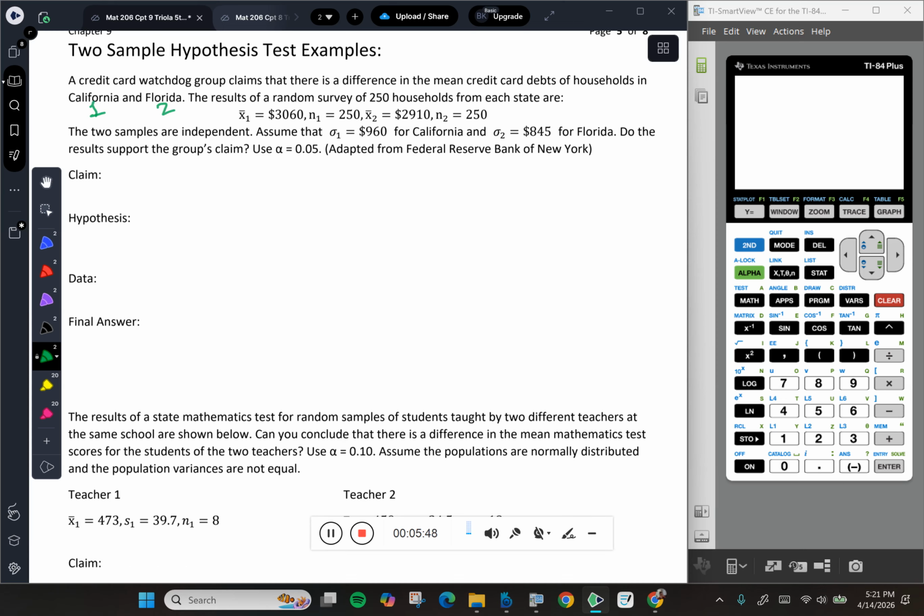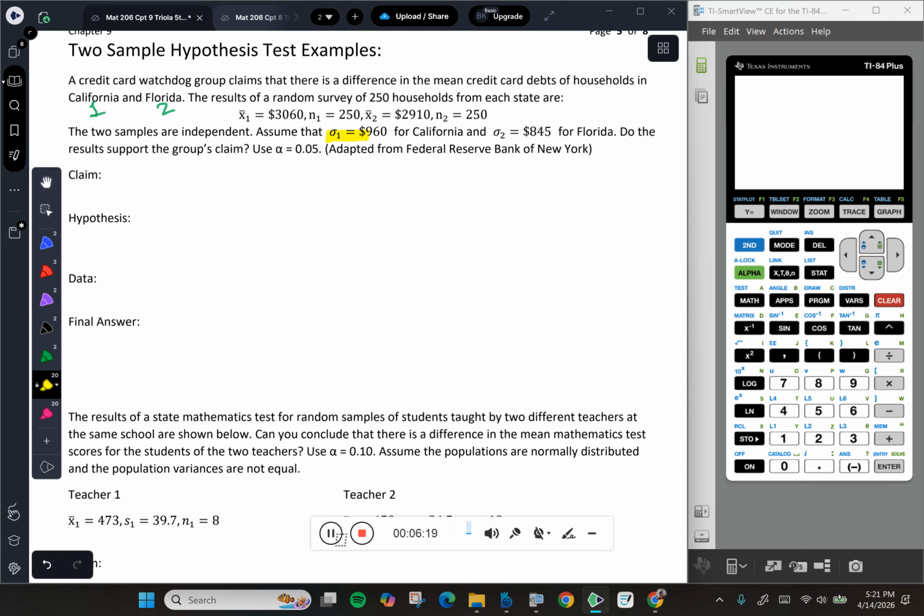Okay. The results of a random survey of 250 households from each state are that x bar 1 is that, s 1 is that, x bar 2 is that, and s 2 is that. All right. The two samples are said to be independent. That is that group 1 California and group 2 Florida are independent. Sorry, I said Texas, I don't know why. And here's something weird.